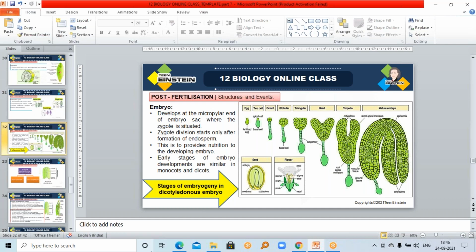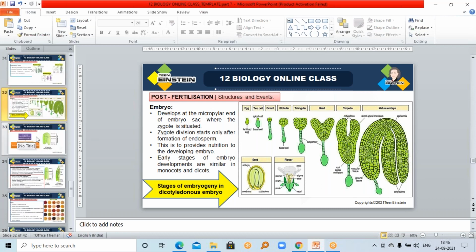The early stages in both monocots and dicots are almost similar. First the zygote gives rise to the pro-embryo, then the globular shape, then the heart shape. Got it?